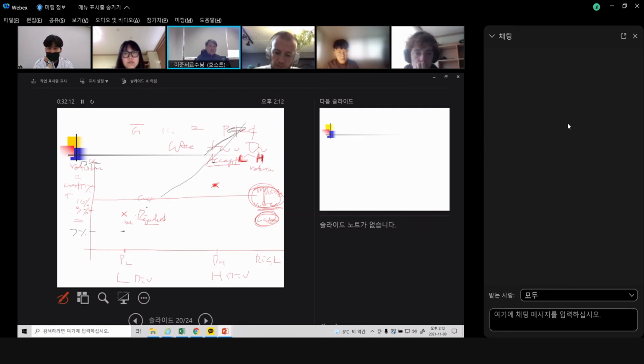So if the black line is the real WACC reflecting the division's risk, division L's WACC is 7%. The division H WACC is 13%.